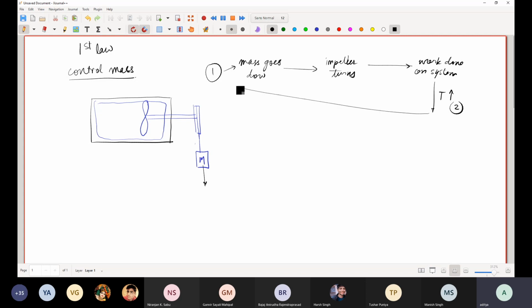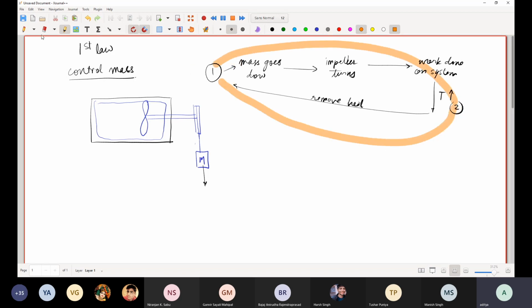Then you remove heat to go back to state 1. So in going from state 1 to 2 and from 2 to 1, you have done a cyclic process.